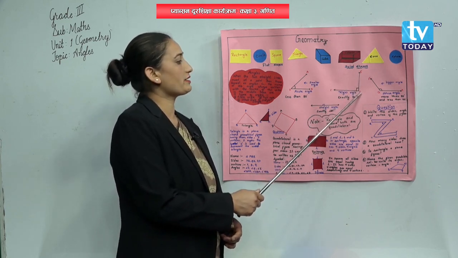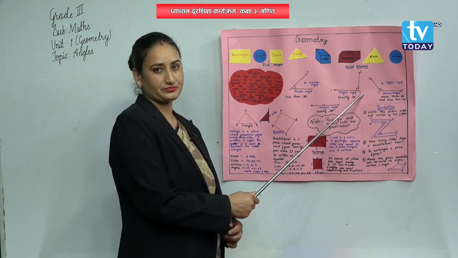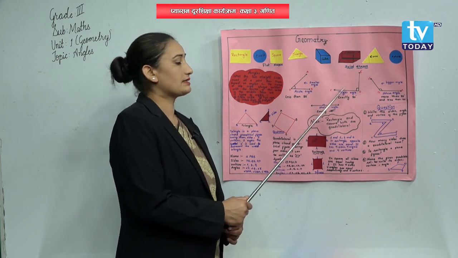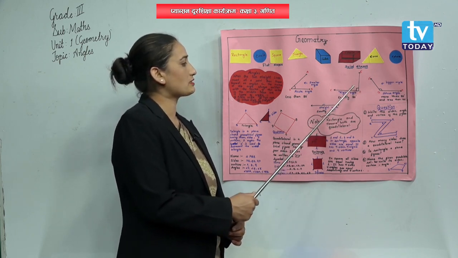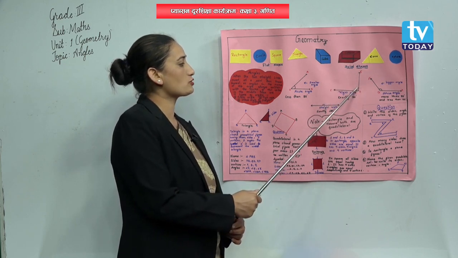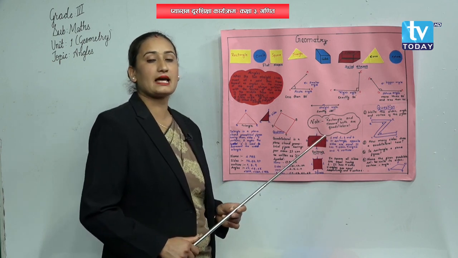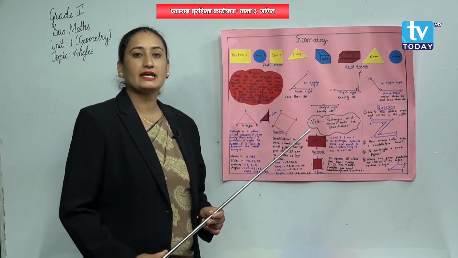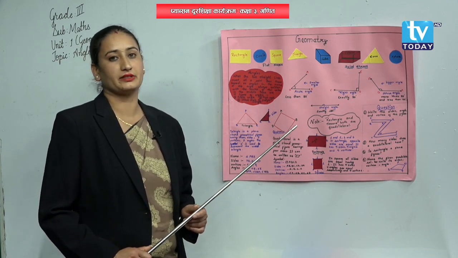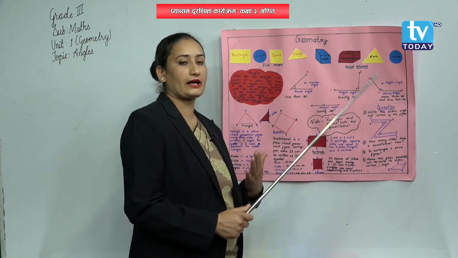The joining point is corner D. This is a right angle, straight down and straight up, forming a square shape. We call it a right angle, and it's exactly 90 degrees. How much? Exactly 90 degrees.